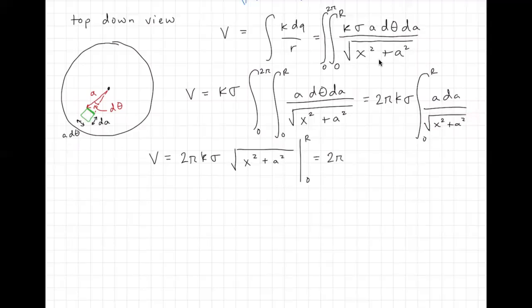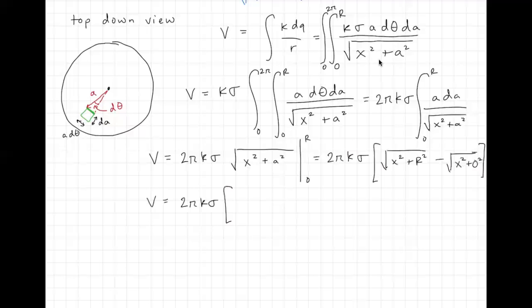So 2 pi k sigma, and then the upper bound is square root x squared plus r squared, and the lower bound is just square root x squared plus 0 squared. Okay, so then V is 2 pi k sigma times square root x squared plus r squared minus x.